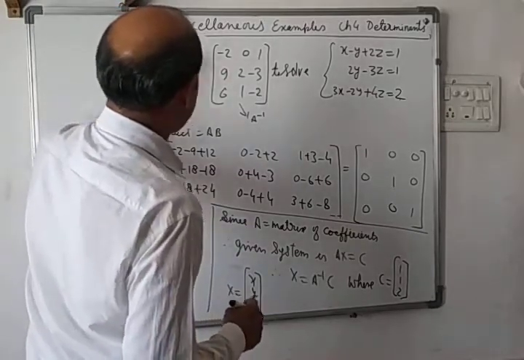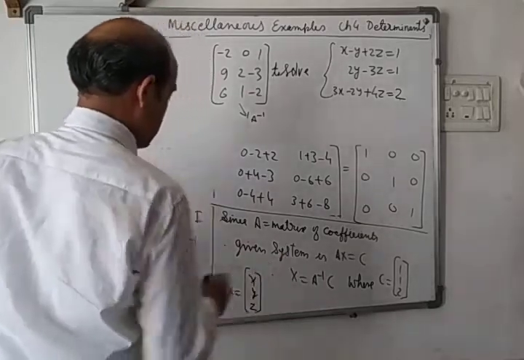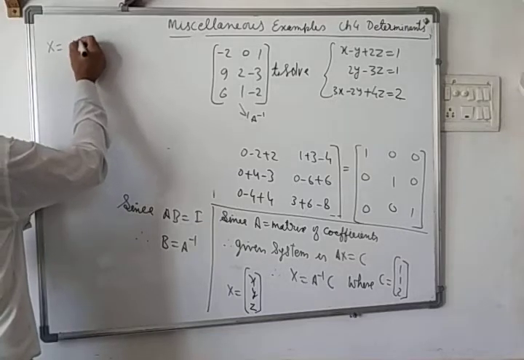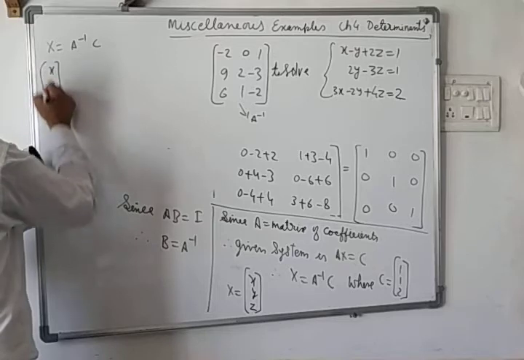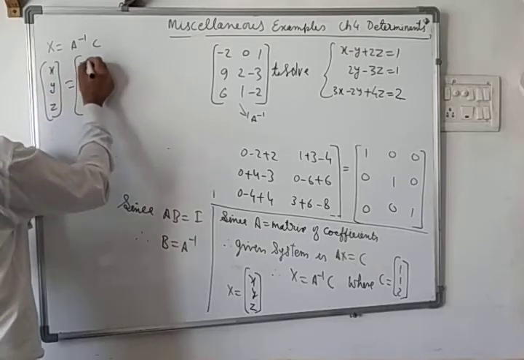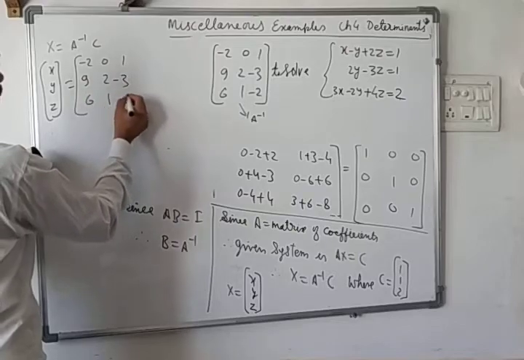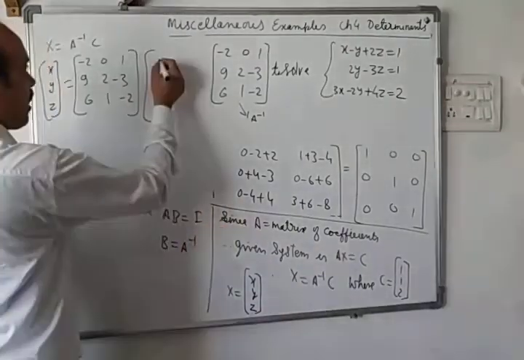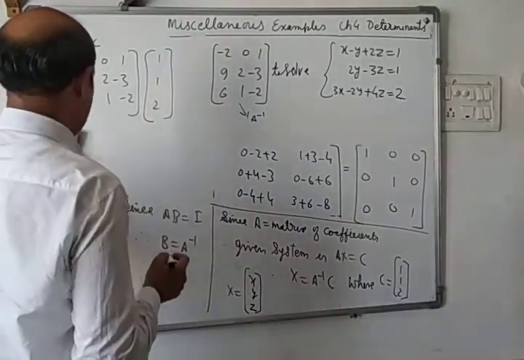Only this we have to write B inverse. B is A inverse, which is required here. So x equal to A inverse C, x, y, z equal to minus 2, 0, 1, 9, 2, minus 3, 6, 1, minus 2, and constant term 1, 1, 2. So that will give you the value of x, y, z.